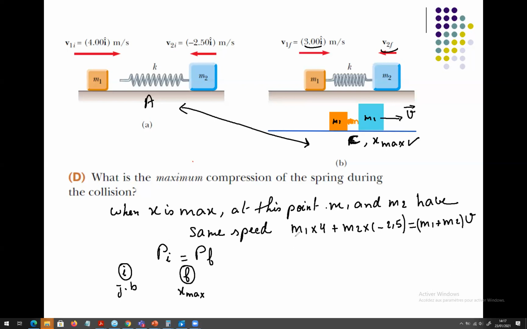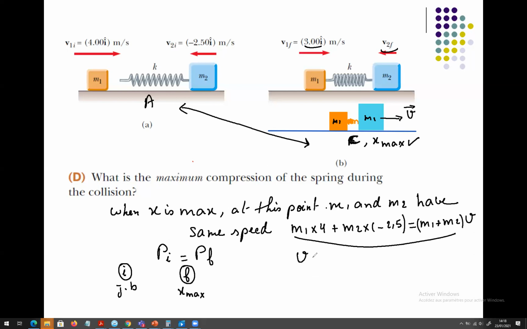Why am I using this relation? I need X maximum, but I need V to calculate X maximum. So by using this relation, we can calculate V at this point, and after that, we can use the mechanical energy to find X. Here, we have M1 equals 1.6. Okay, we can do the calculation.